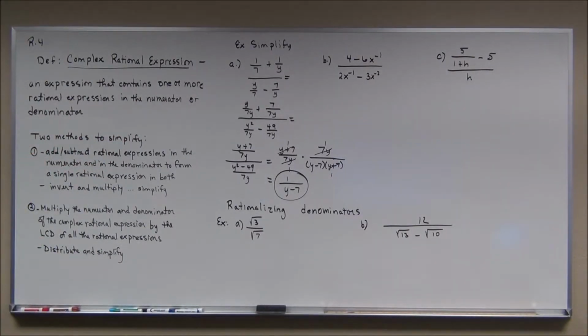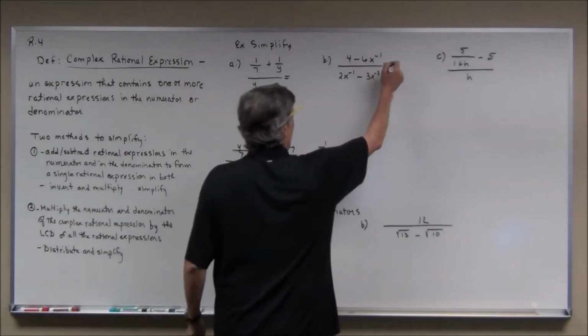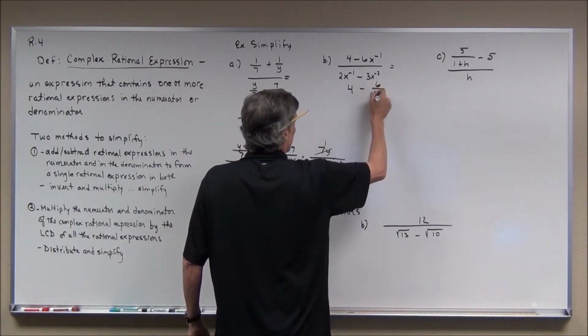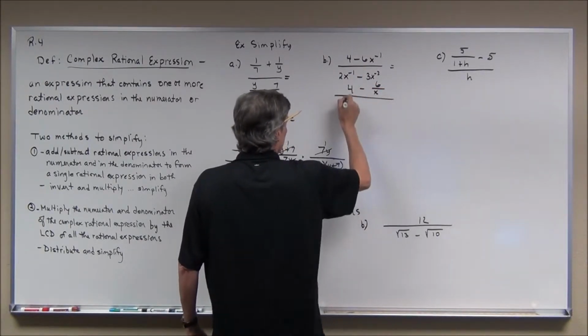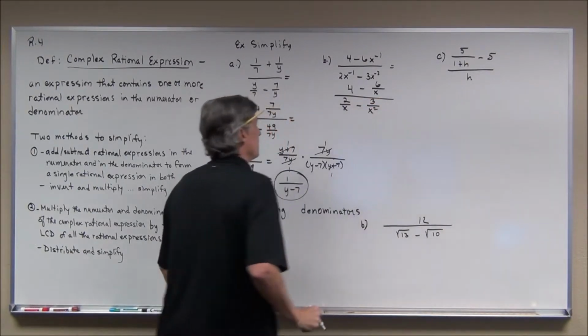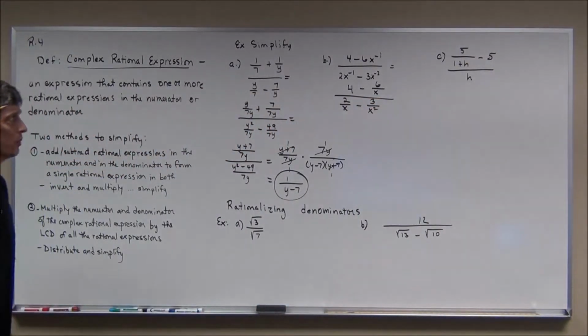In the next problem, I'm going to approach this one using the second method, but before I do, I am going to rewrite this as 4 minus 6 over x, all over 2 over x minus 3 over x squared. The negative exponents, of course, we know what that means, and so I'm going to rewrite those so that my exponents are positive.